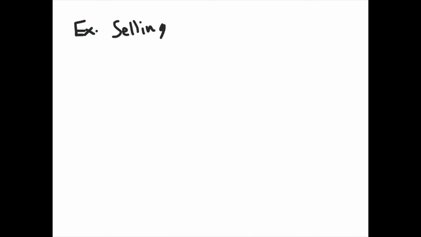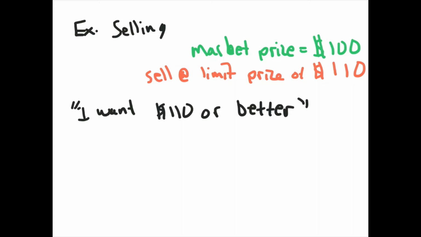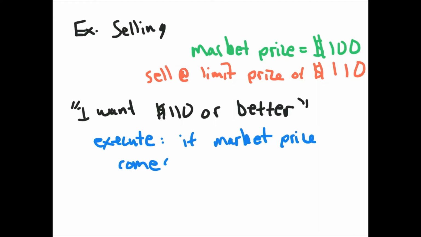Now, another example, except for selling this time, if the market price is $100 again, and then let's say we're doing a sell at a limit price of $110, we're saying to the market, I want $110 or better, $110 or more for my shares. So that means this will not execute until the market price hits $110 or higher.